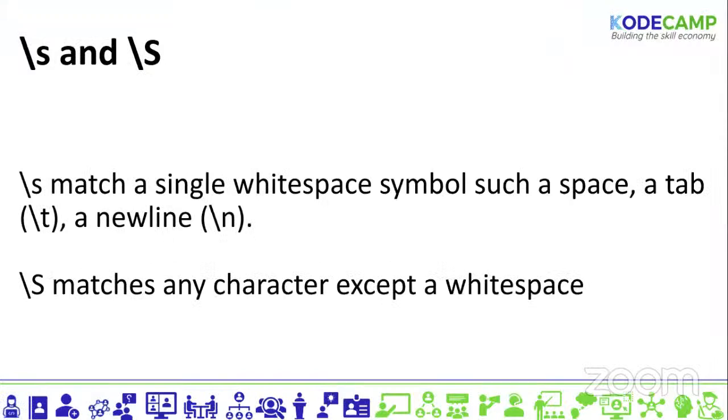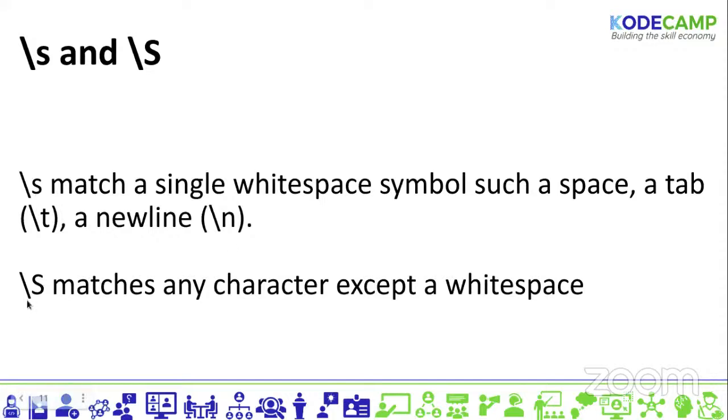So we see \s character set. This particular character set matches a single white space symbol, such as a space, a tab or a new line. So whether you have space, tab, or new line in your string, you can use this to match that.